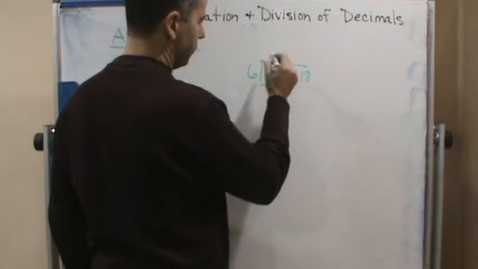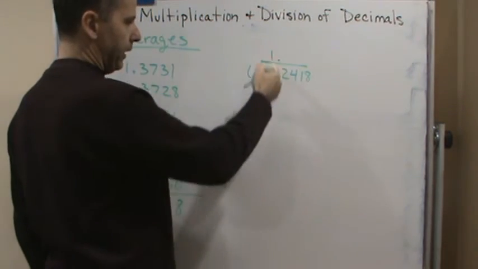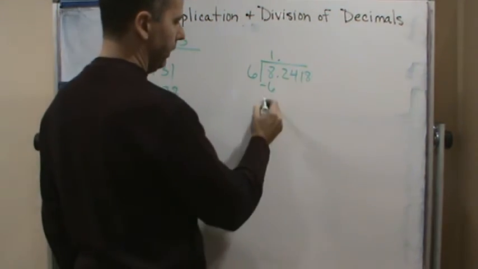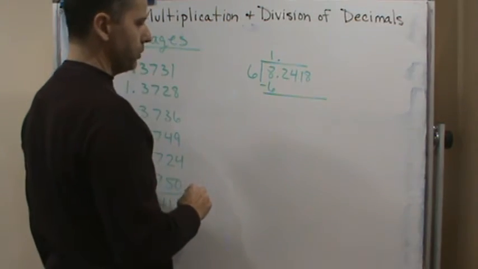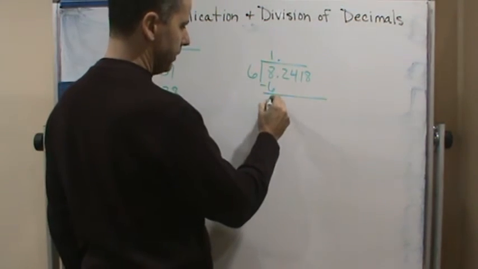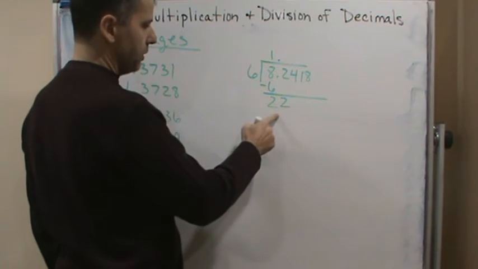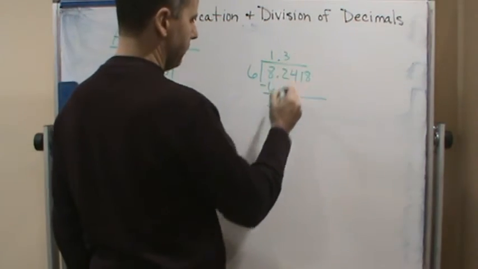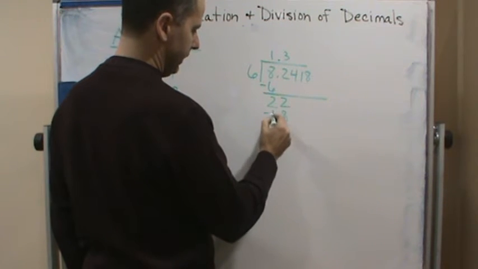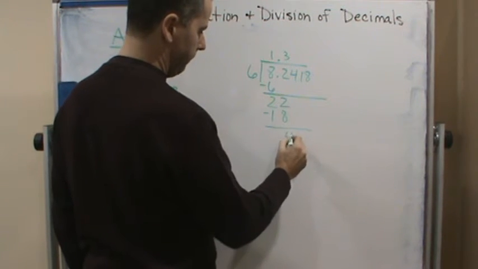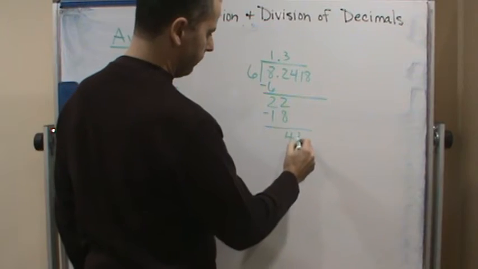And again, I'm going to bring up the decimal point, okay? And so now I'm going to subtract, which I get 2, and then I'm going to drop down the 2. 6 goes into 22 3 times, so that'll give me 18 here, and I subtract, and I'm going to get a 4.